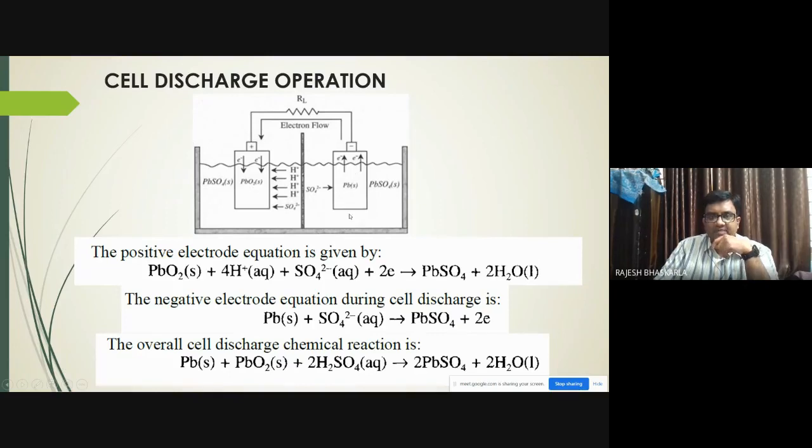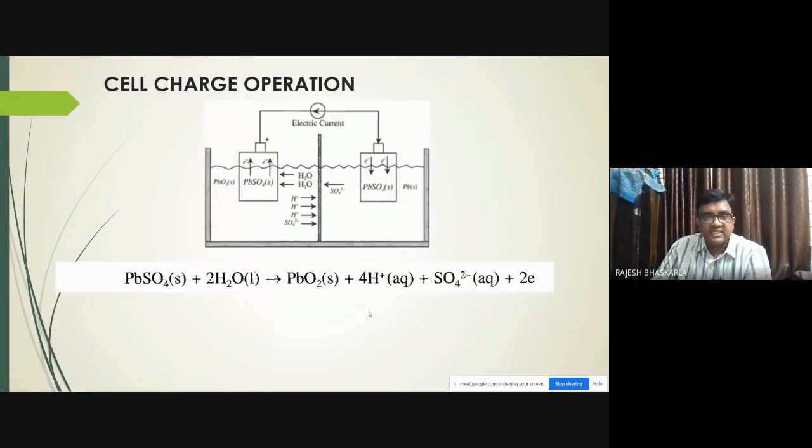This is happening during discharge. During charging, the same equations must be reversed. So at the positive electrode, PbSO4 and water release this, and at the negative electrode, PbSO4 plus 2e gives this one. If you remember this, you can understand both cell discharge operation as well as cell charging operation.